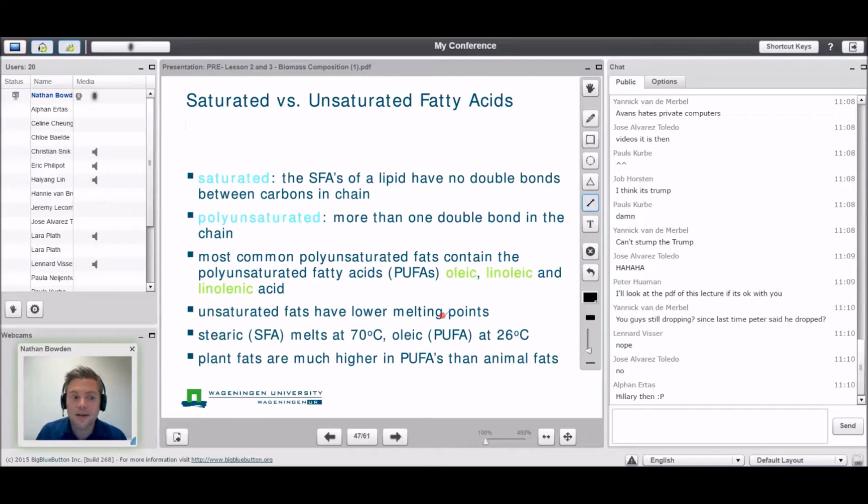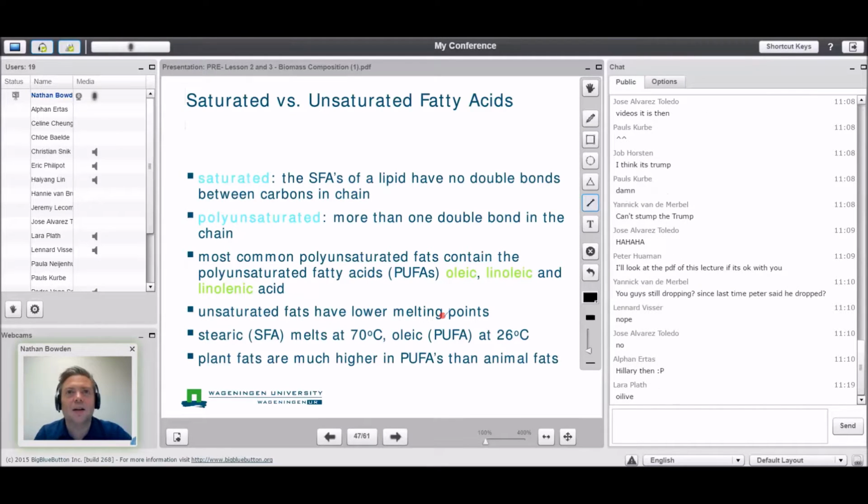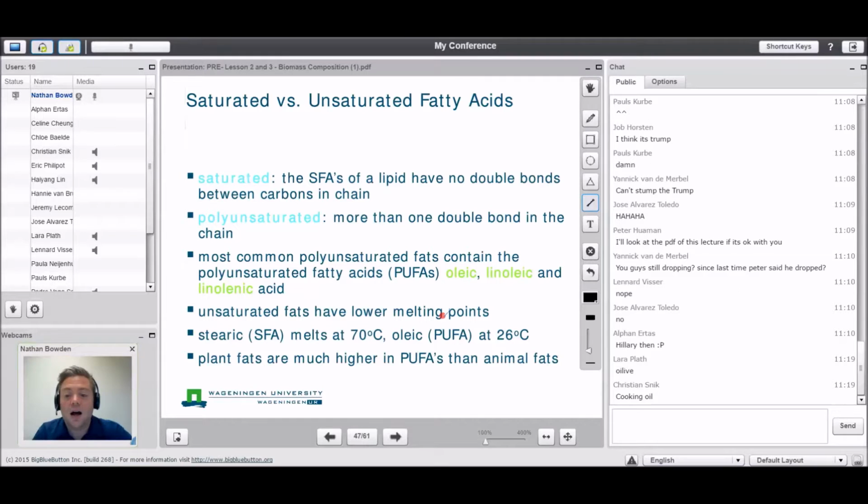Can anybody give me a fat that they know which is liquid at room temperature? For example, something you might cook with. Yeah, olive oil, cooking oil.